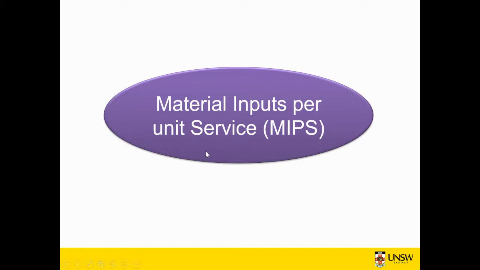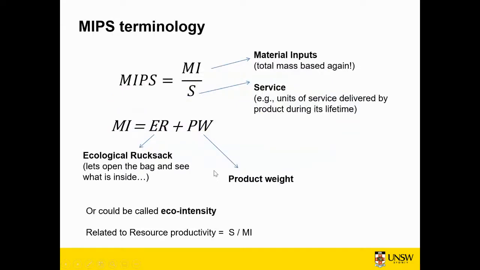So the last indicator we'll be looking at today is material input per unit service. This one is like a breakdown through individual services, or individual product units. So basically it's similar to the other one, but now we are looking not at the economic output, but the service itself.